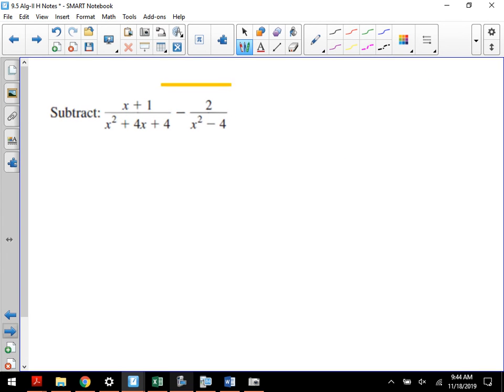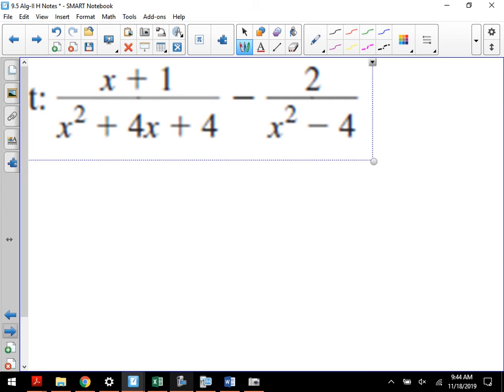Okay. Same thing. Same idea. Subtraction. You do the same thing, but as you're writing the problem down, factor it. In order to do any of this stuff, you got to have it in factored form. You're doing prime factorization like you did with the 6 and the 4, but in this case, you're just doing it with polynomials.